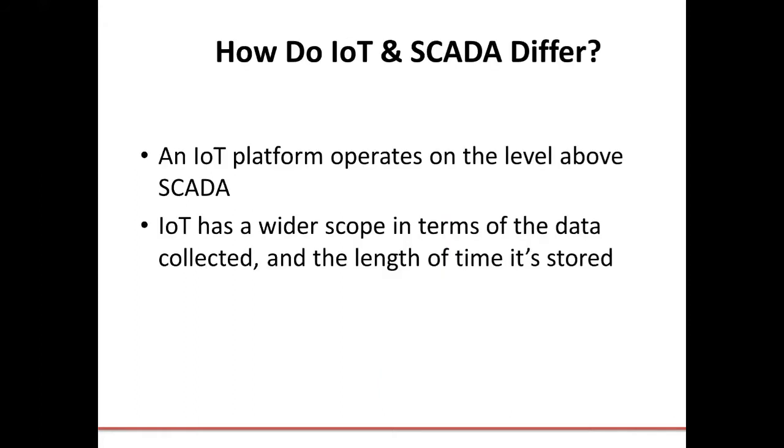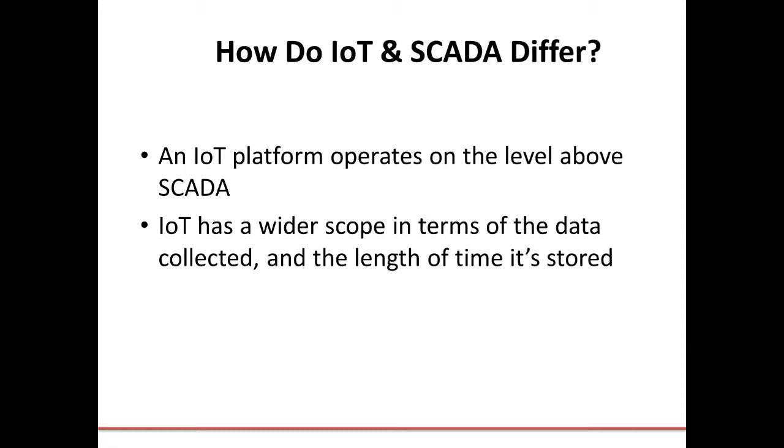So, another question that I ask myself when I'm thinking about IIoT is how IIoT differs from SCADA. And the main difference is scale and time frame. A typical SCADA system is concerned directly with controlling manufacturing processes and acquiring data directly related to that production process.